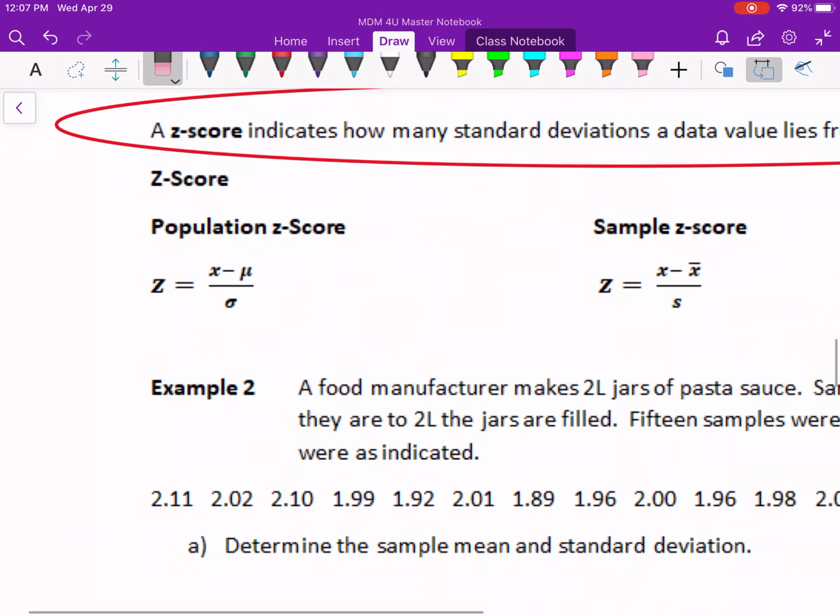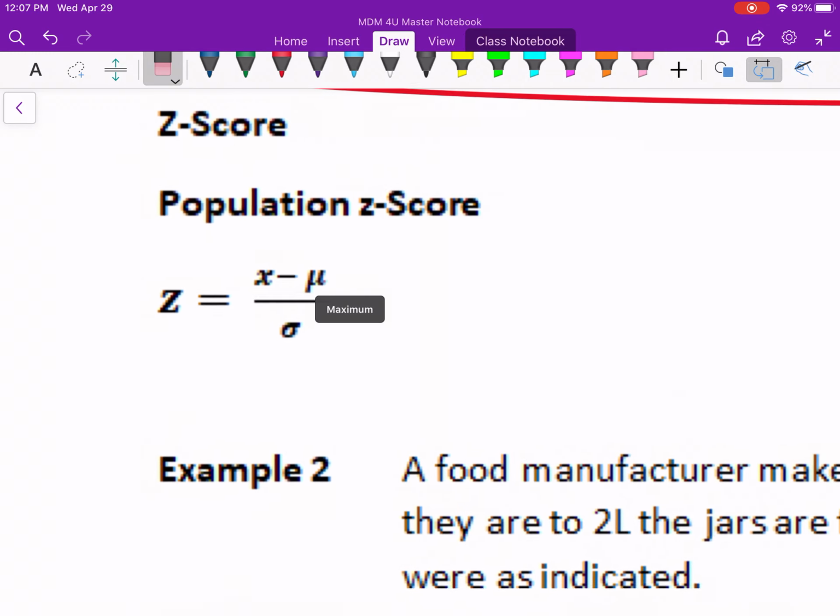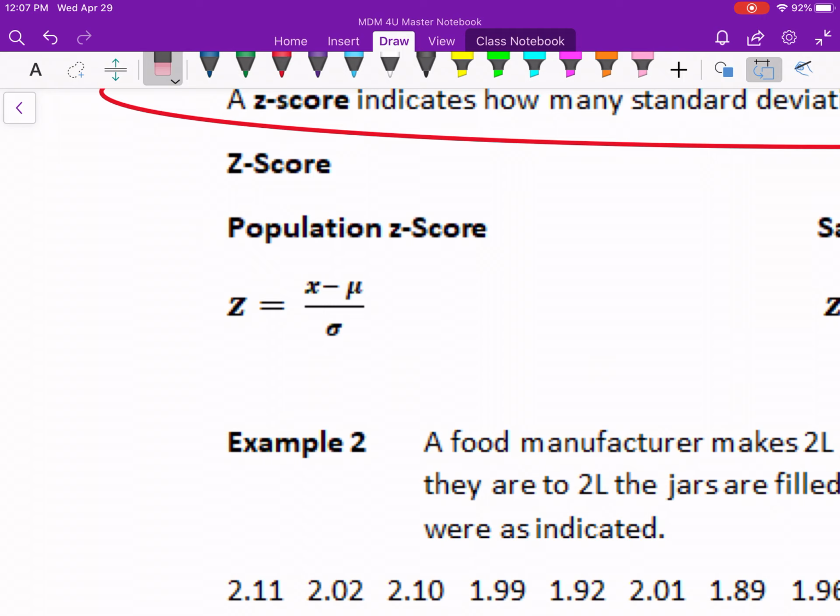So again, we can do it for population or sample. Actually, the calculation in this case is exactly the same, just with different variables. So let me show you for population. For the population, X is simply a given data value. So just one number out of a set.